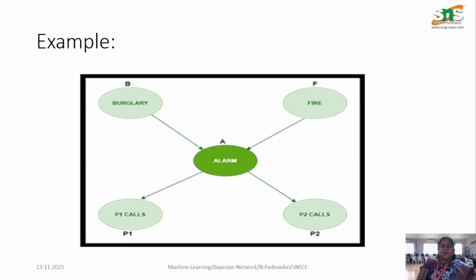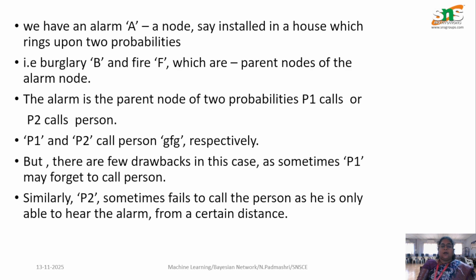With this, I am going to explain one small problem, how we are going to calculate the probability. If there is an alarm, what is the probability that person P1 calls the other person, and what is the probability that P2 finds the burglary or fire, whether he calls or does not pick the call?